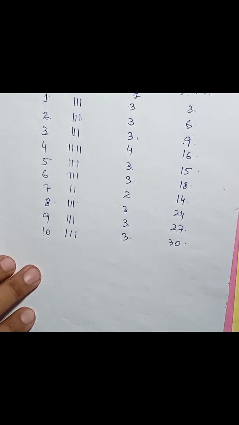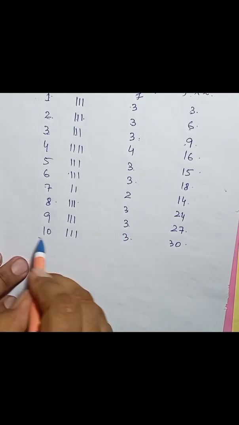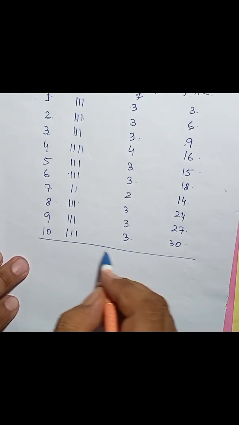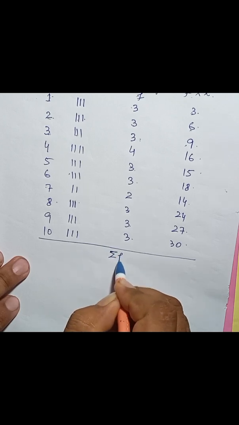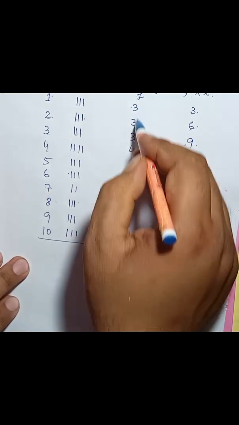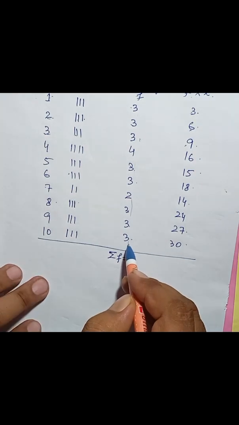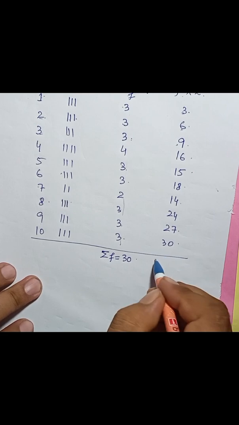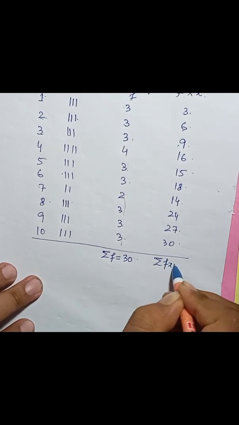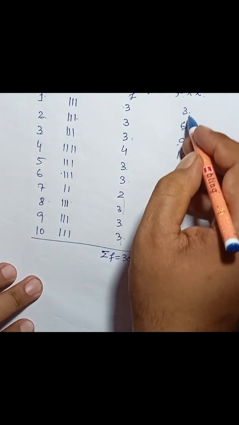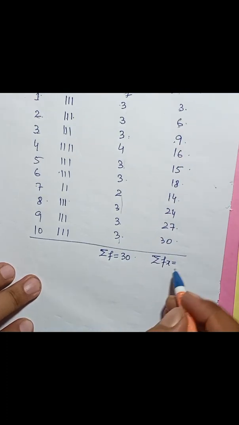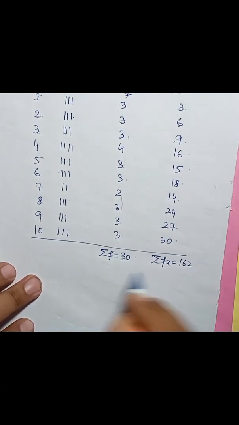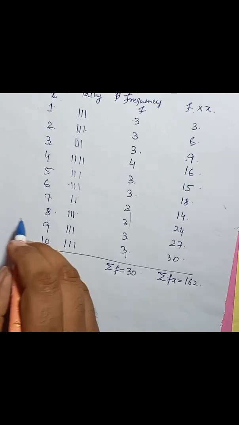Here you can draw the table like this. This is sigma F, the total of all these values, and the total comes to 30. And this is sigma Fx, the sum of all the values, that is 162. Now the first part, this was the A part of the question.